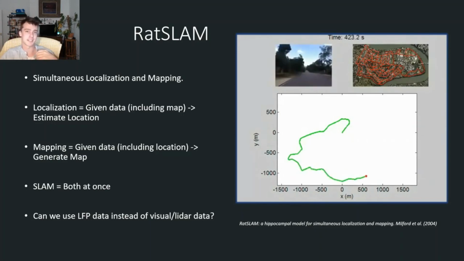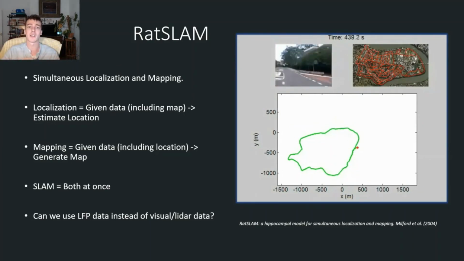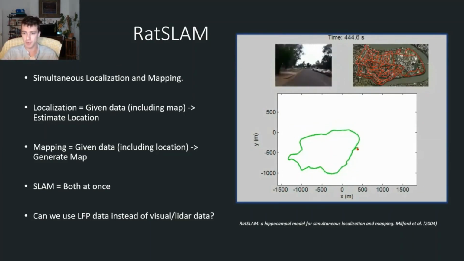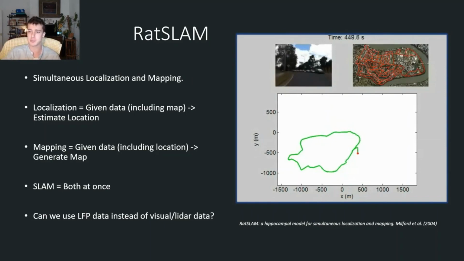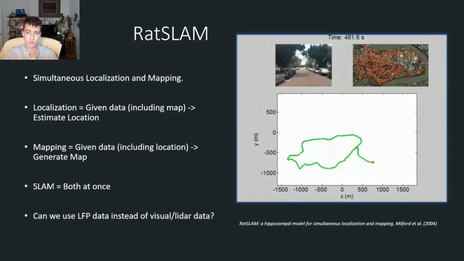And the thinking here is that as this algorithm has some biological inspiration, the maps that we generate will be more biologically plausible. And on the right here, you can see a video of a RatSLAM system working, applied to a car with a webcam attached to the bonnet, driving around a Los Angeles suburb. The key thing to note about the RatSLAM algorithm is that the camera is being used for two things here.